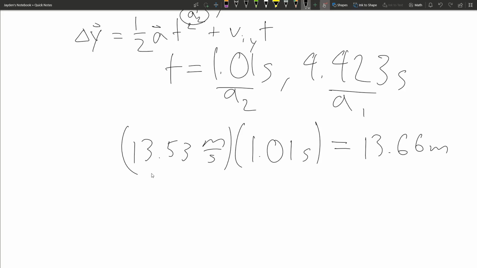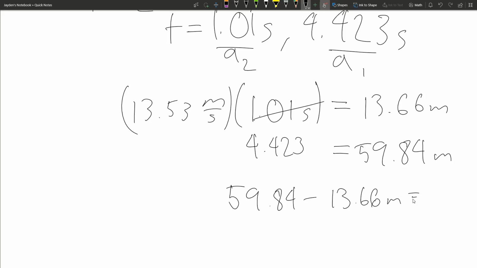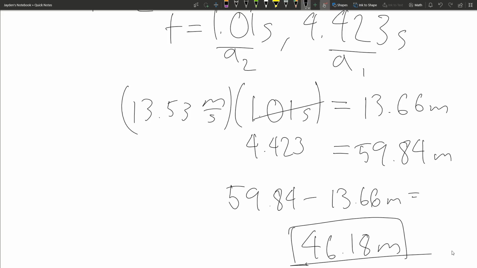Then we do the same thing, except this value changes and becomes 4.423. That will get us 59.84 meters. So if we just subtract these two values, the one that went further by the one that was closer, we get 46.18 meters, which is the distance between the two landing areas.